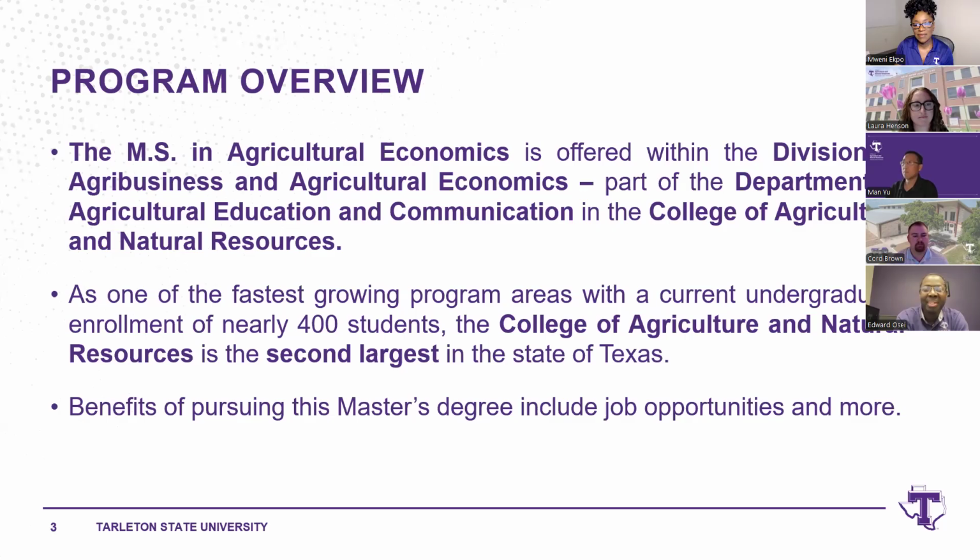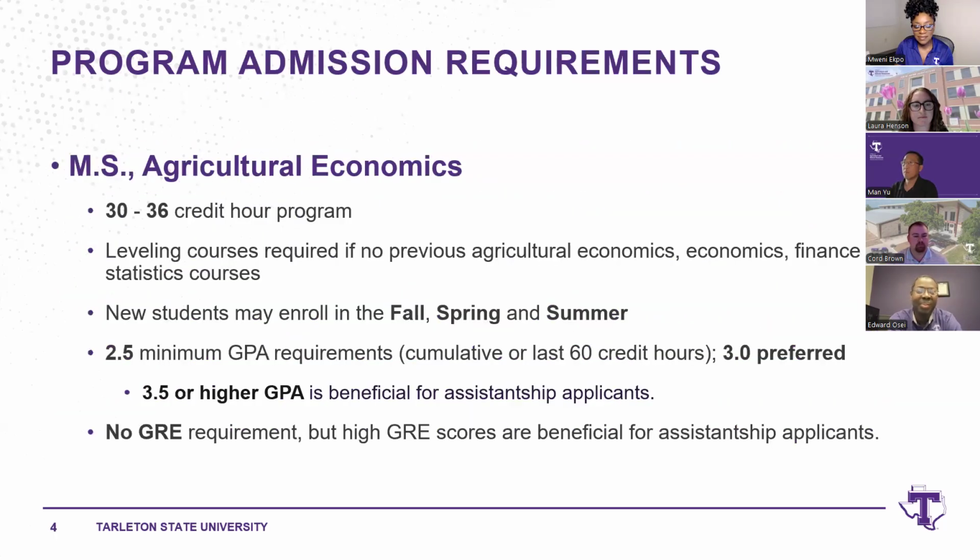And our college is the second largest agricultural college in the state of Texas. And students who come to the Master of Science program actually hail from various countries. We have representation from actually quite a few continents currently pursuing this program. We also have quite a few from the United States.